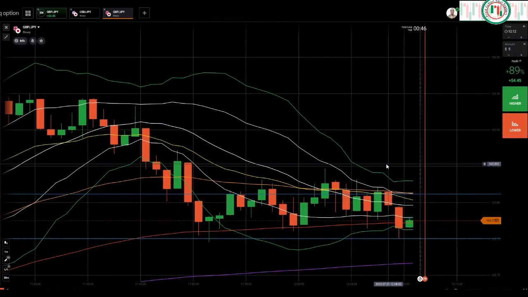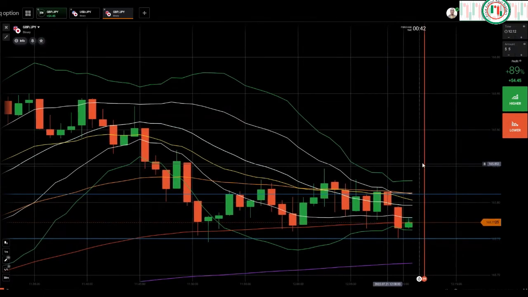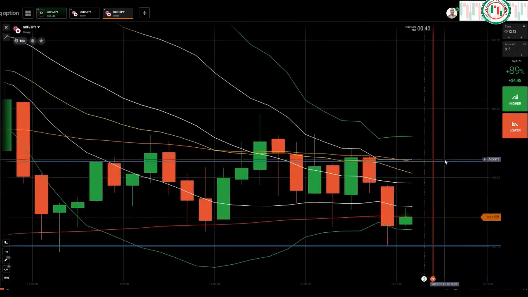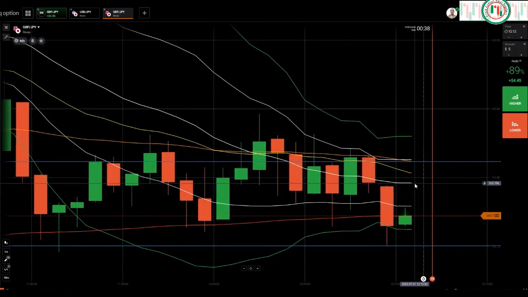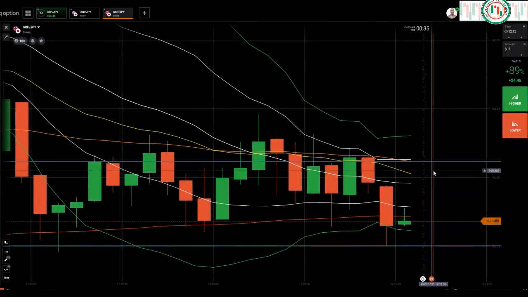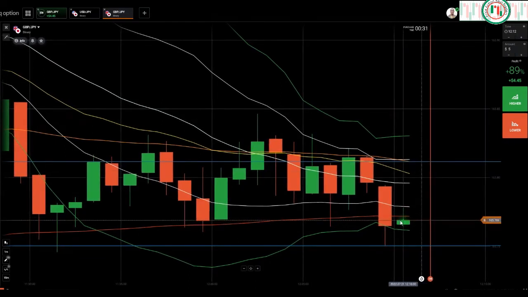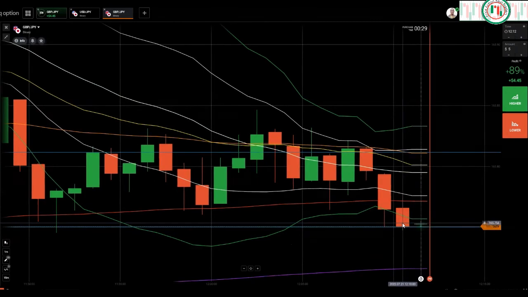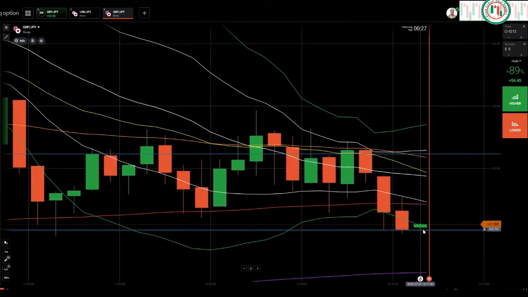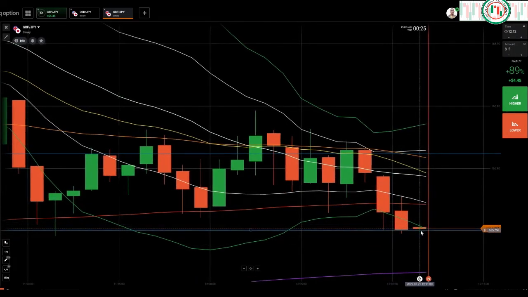So this is a very simple strategy, a very profitable strategy if you are able to identify and able to avoid gaps. You see here, this red candle, another gap. So wait, you see another gap.